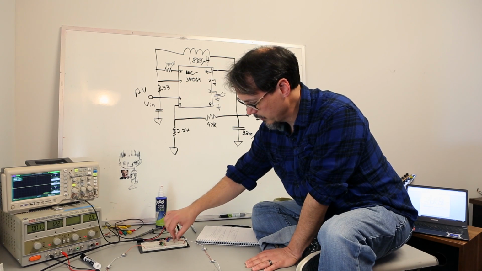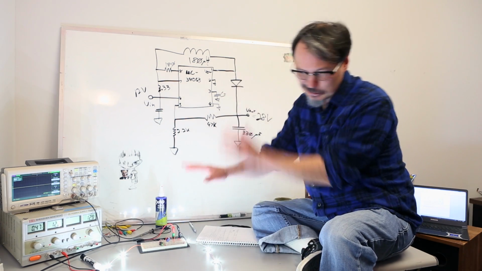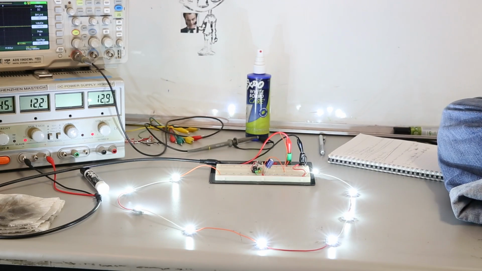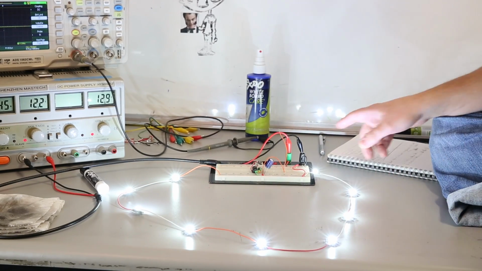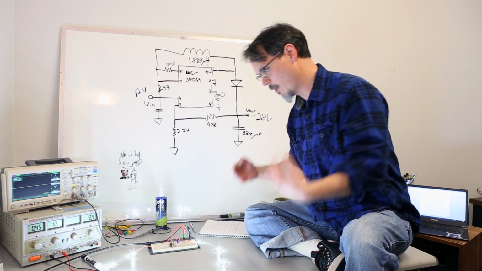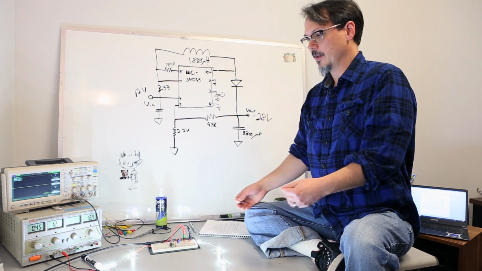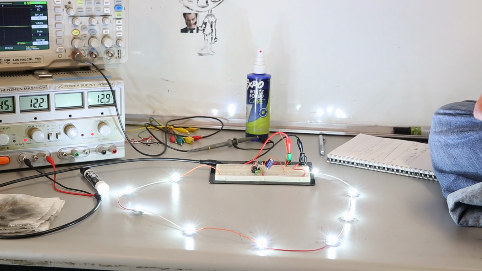So just to plug this in, and blind me. Now, as you can see, I've got 9 high power LEDs in series. The point isn't to show that this thing is supplying a ton of wattage. It isn't. These things are rated for 700 milliamps apiece. I am running them in series.